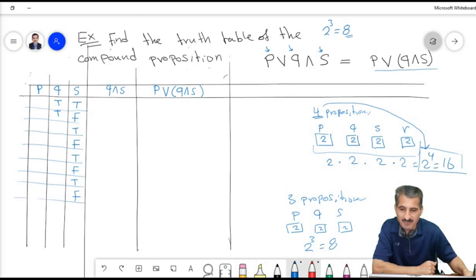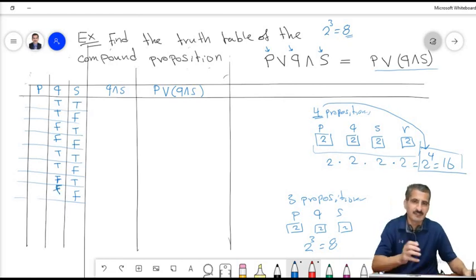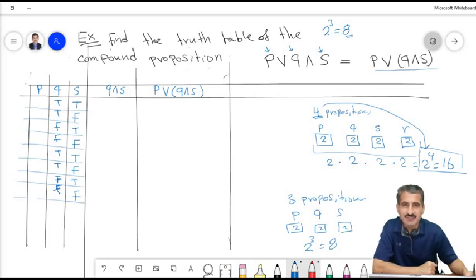So we have true, true, false, false, true, true, false, false. And for the last one, we will change every 4 times. So we have true, true, true, true, false, false, false, false.